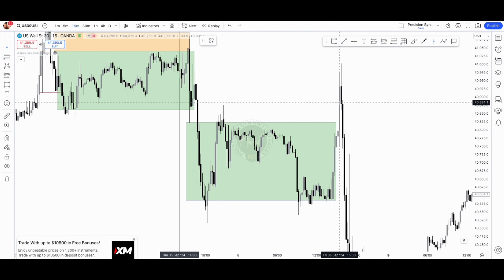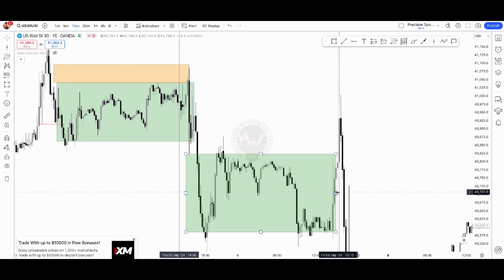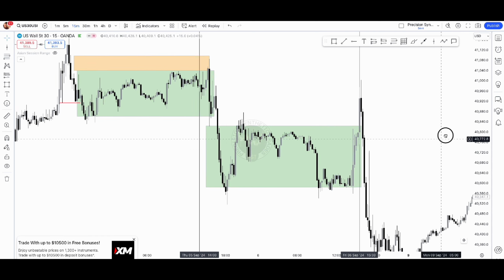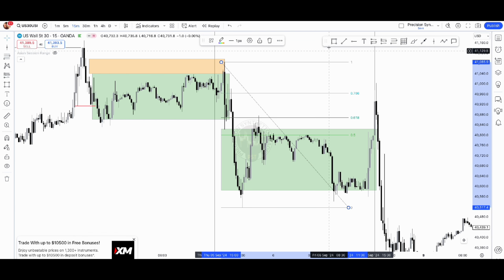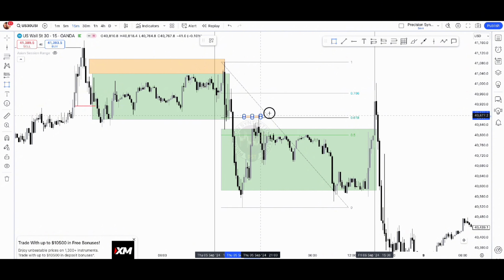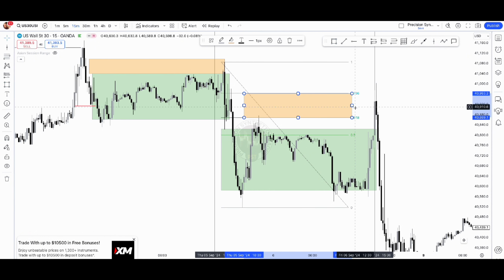Let's mark out 3:30. There we go. All right. So price, let's draw our fib now from this high to this low. Let's mark out our OTE level.